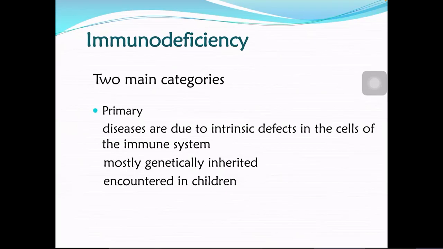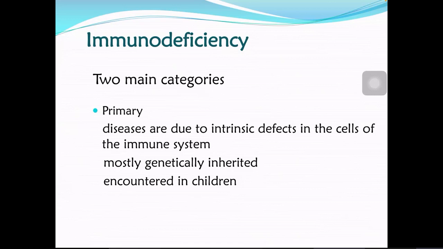And now if I try to categorize the immunodeficiencies, we can have two main broad categories. We have what are known as the primary immunodeficiencies, and the primary immunodeficiencies are due to intrinsic defects in the cells of the immune system. We discussed the cells in the immune system.